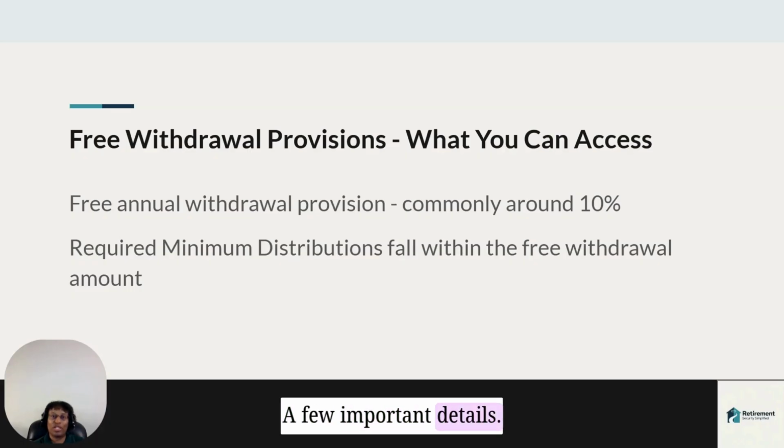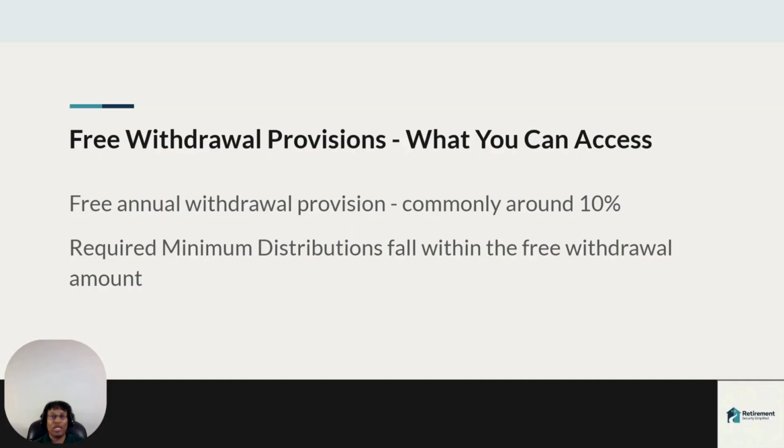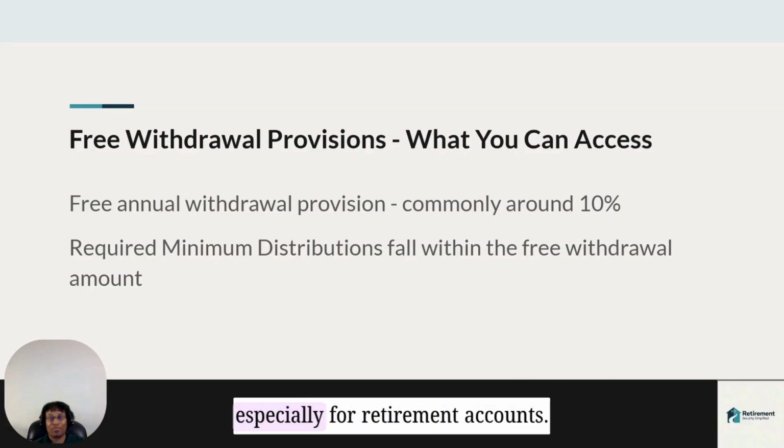A few important details. This free withdrawal amount typically resets each contract year. It's not something you can bank and carry forward. If you don't use it this year, it generally doesn't roll over into next year. This is actually one of the most practical features of an FIA, especially for retirement accounts.